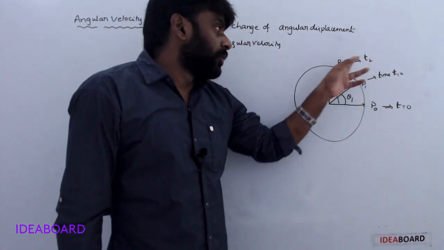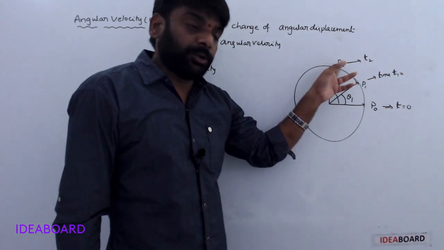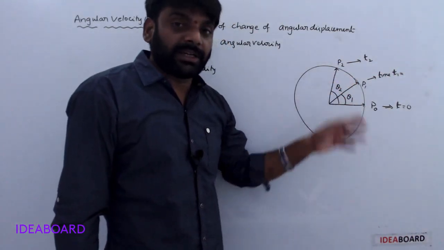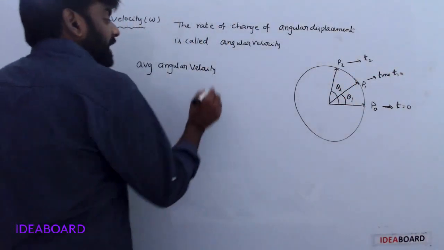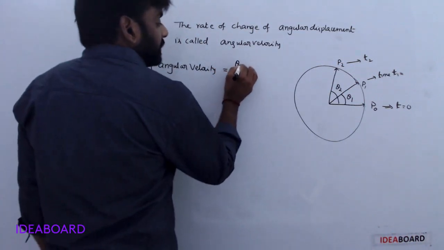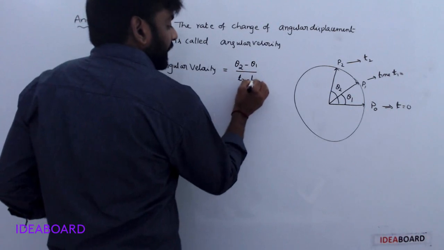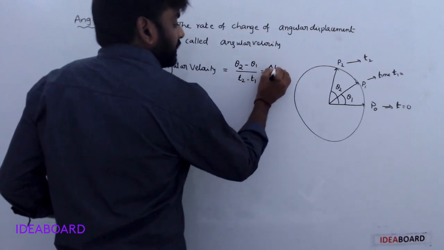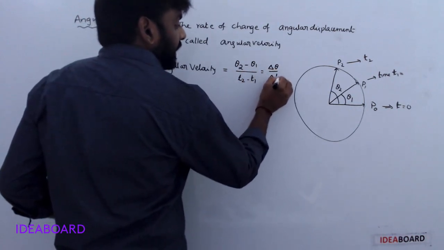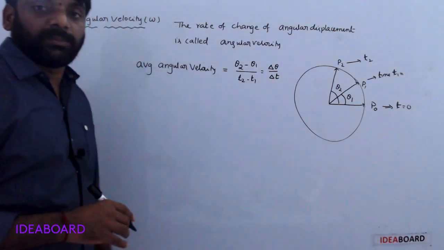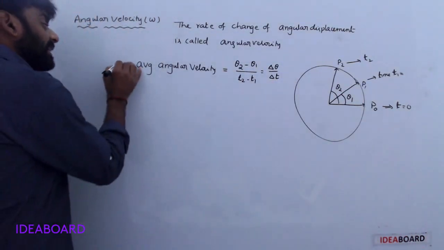After time t2, the position is P2 and the angular displacement is theta 2. Average angular velocity is written as theta 2 minus theta 1 by t2 minus t1, that means delta theta by delta t.